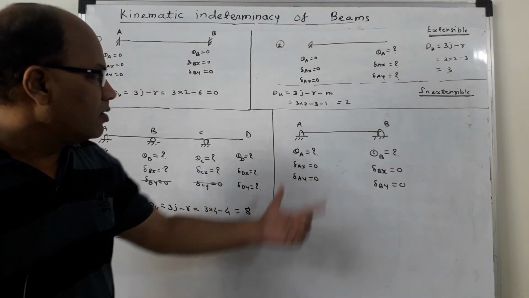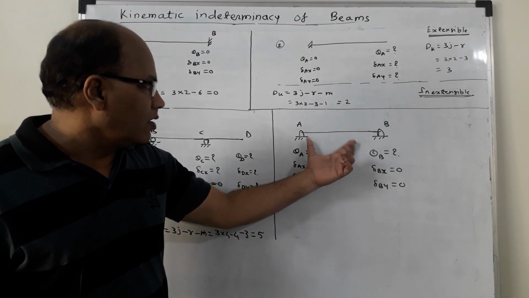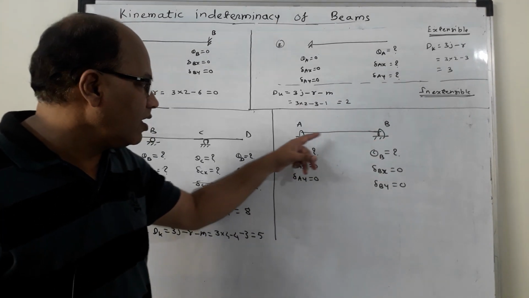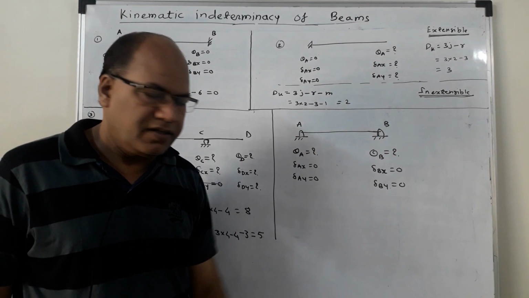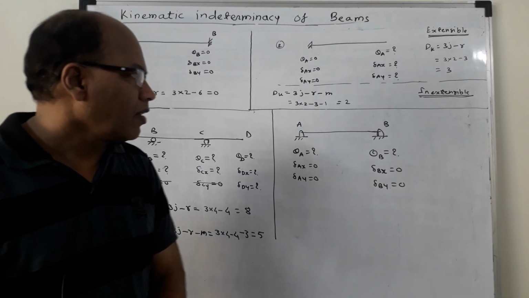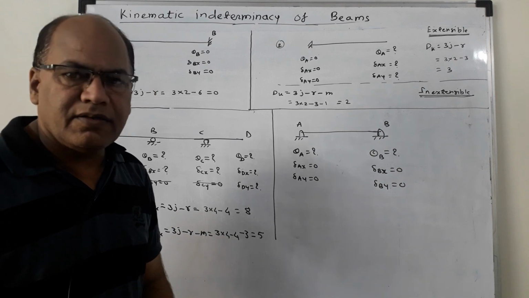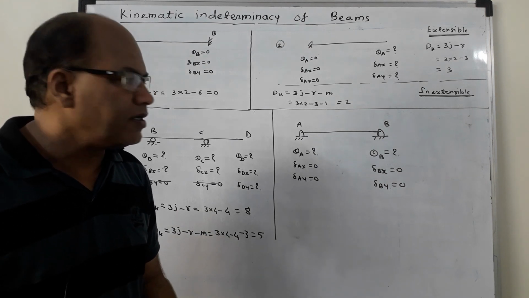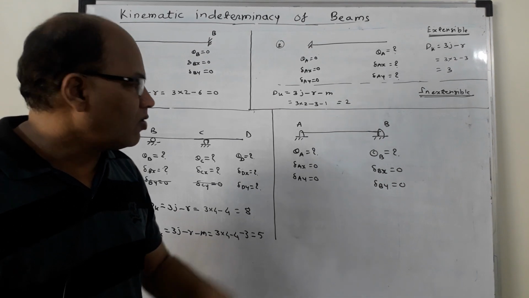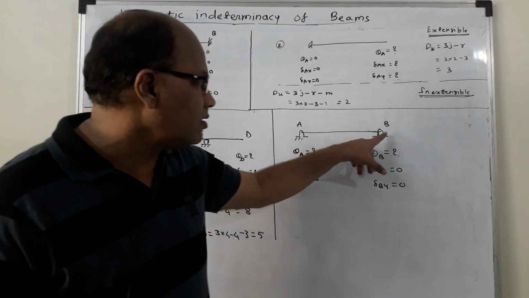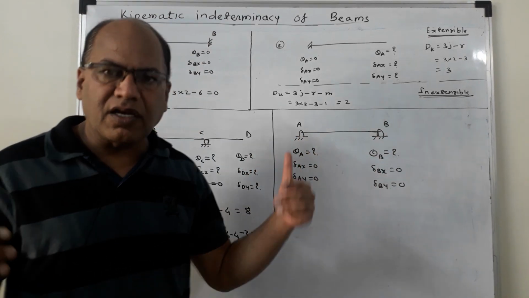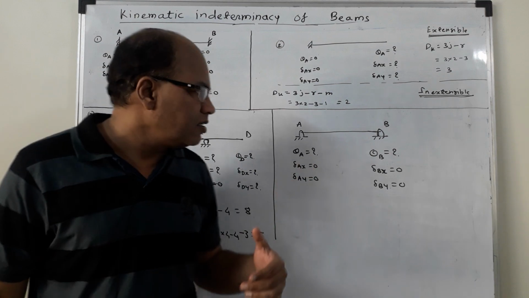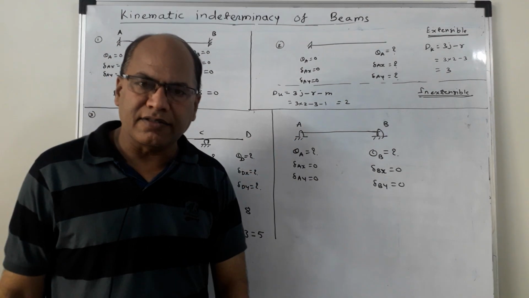Now I have shown this beam AB, support A is hinged, support B is hinged. Here the question of extensibility and inextensibility will not arise, because both of these supports are going to provide the restriction or constraints along the x direction.